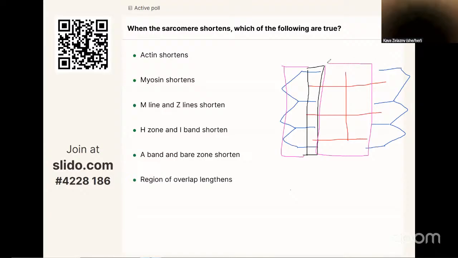Okay, so if we make this sarcomere even shorter, say we get it so that our actin is almost reaching all the way to the M line in the center, something like this.